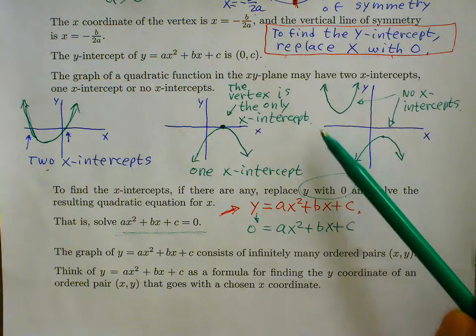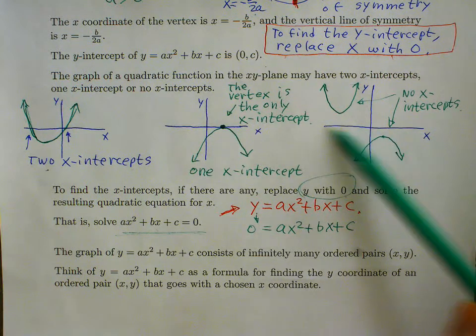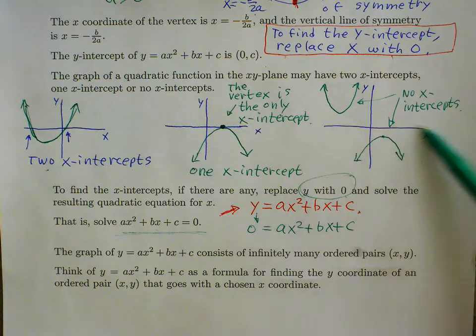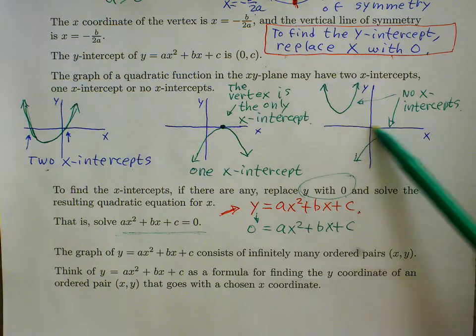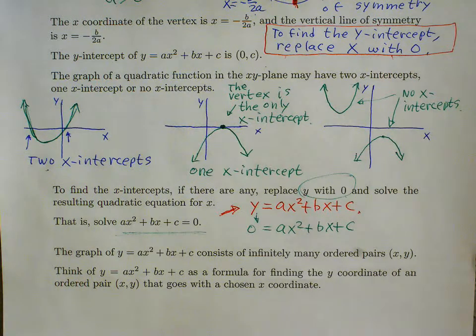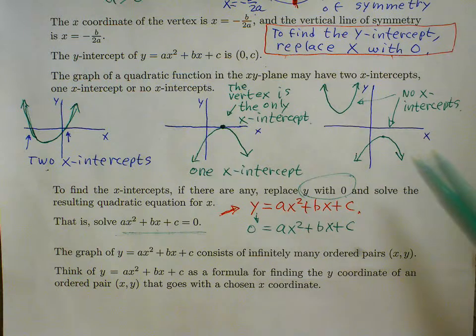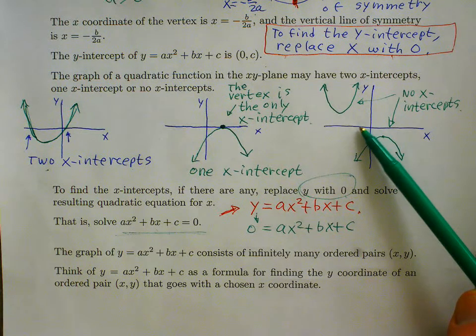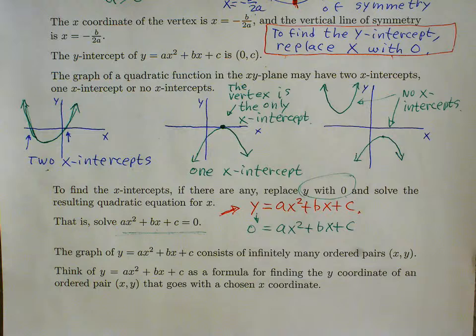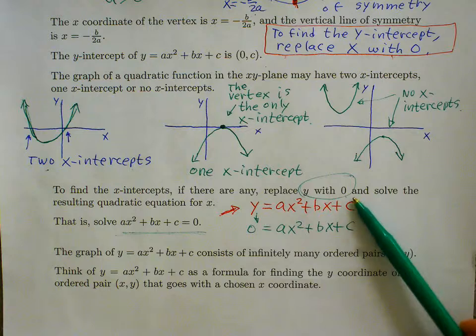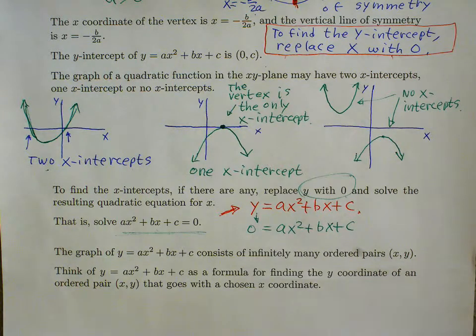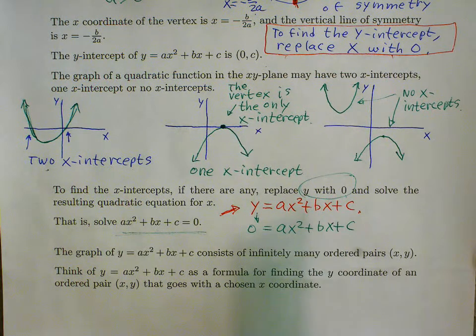If you pick a point on the x-axis, the x-coordinates will be different, but the y-coordinate will always be 0. A point where the graph of a parabola or a line touches or crosses the x-axis is an x-intercept, so every x-intercept has a y-coordinate equal to 0. That gives us a procedure for finding the x-intercepts: replace y with 0 and solve that equation for x.